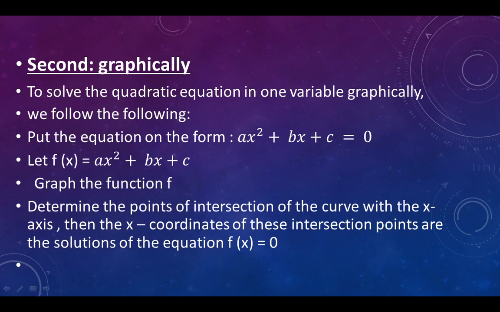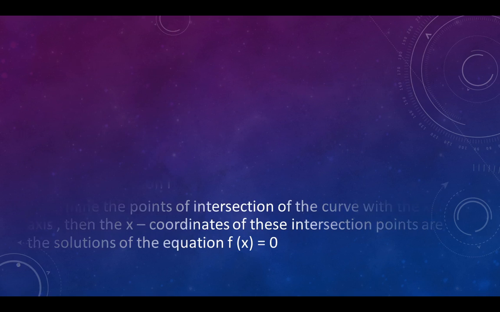Then you will find the points of intersection of this graph with the x-axis. This point of intersection is the solution set of the equation. Of course, the first coordinate, which is x, is the solution set of the graph, as we will see in the examples. Okay?